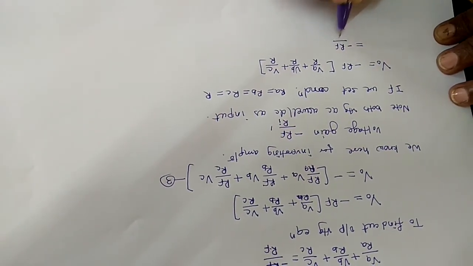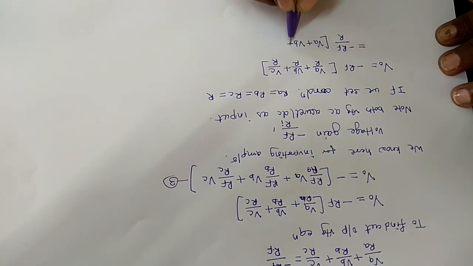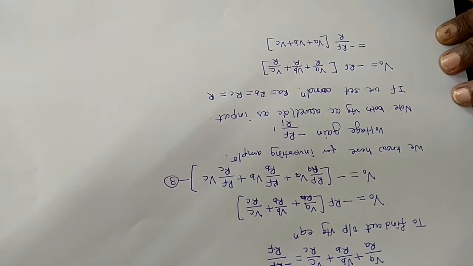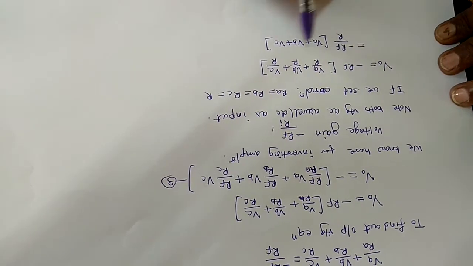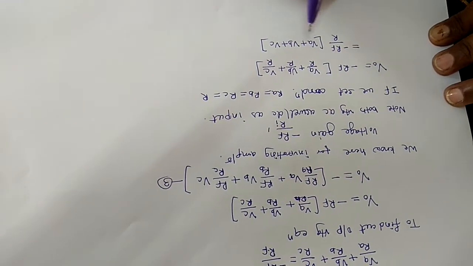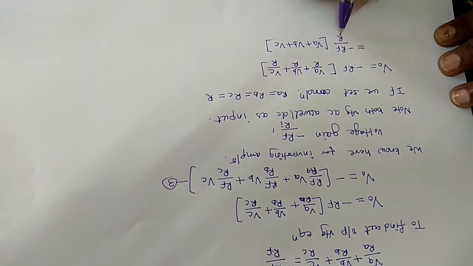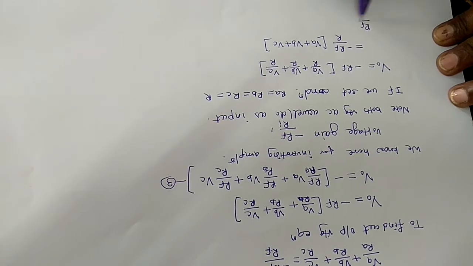We can simply write it as minus RF by R into the bracket VA plus VB plus VC. The bracket itself indicates it is the addition of a number of input signals. Now we have to set this gain factor RF by R equal to 1.